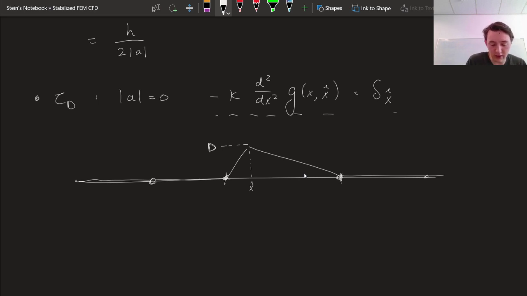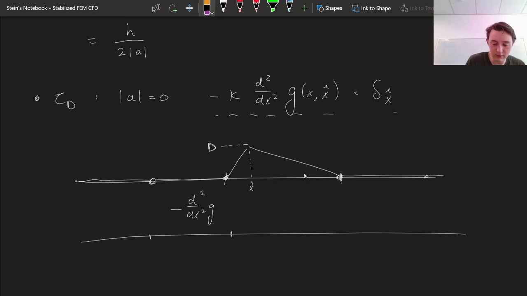So let's first take a single derivative here. So let me write minus d dx, first derivative, sorry, of g. Then we get, well, first of all, a very steep positive value here, multiplied by minus 1, so we get something like this.